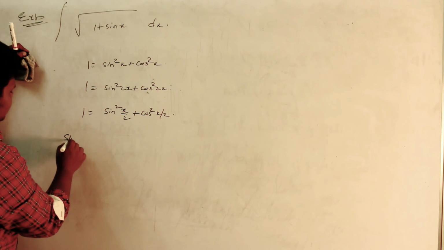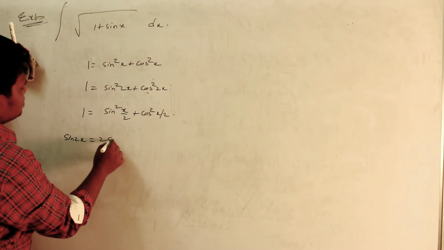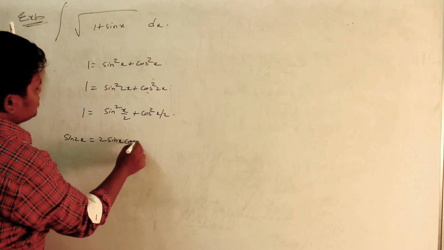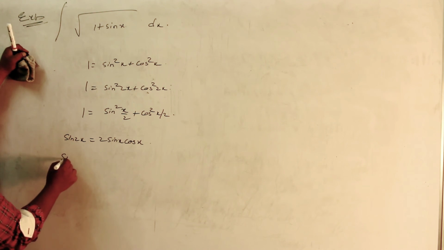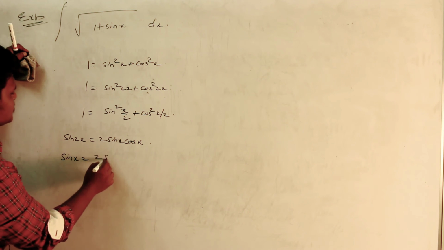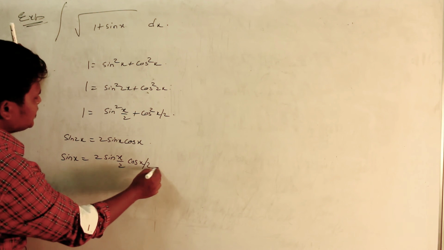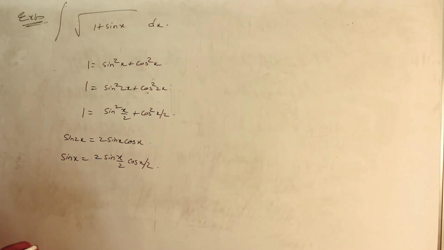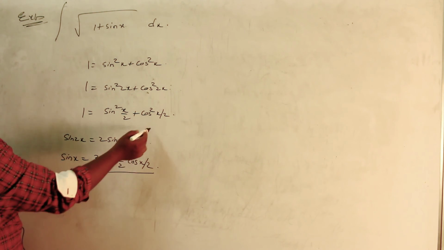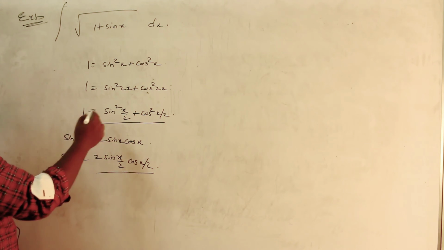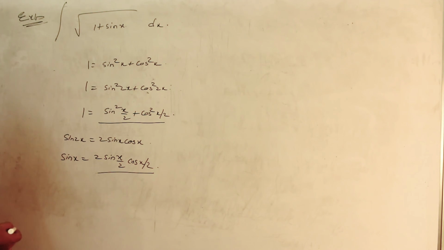And sin 2x can be written as 2 sin x cos x, and sin x can be written as 2 sin x by 2 cos x by 2 also. Now if you see these relations, then we can say definitely this is in the form of (sin theta plus cos theta) whole square.